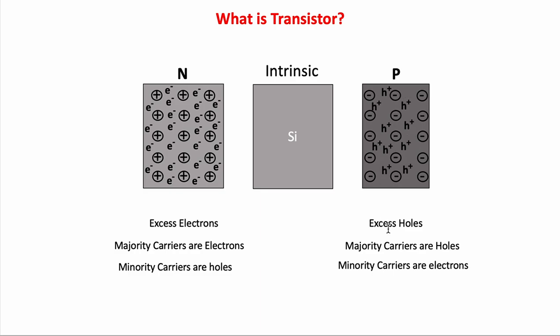Since we have an excess of holes here, the majority carriers are holes, and also from the impurity, we have some free electrons here. So they are the minority carriers in a P-type semiconductor.